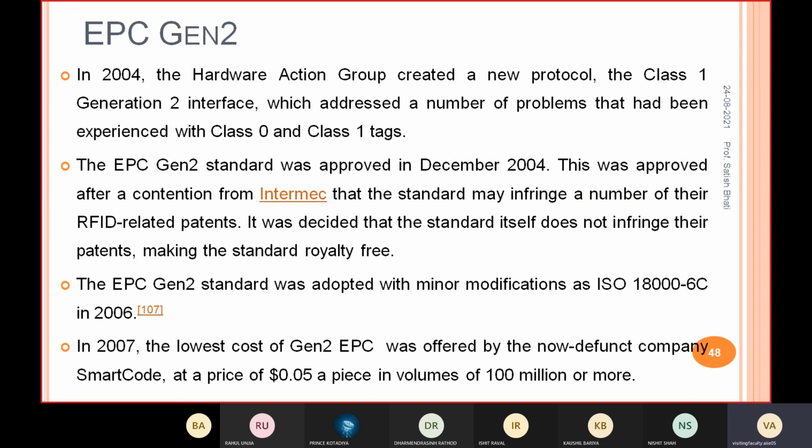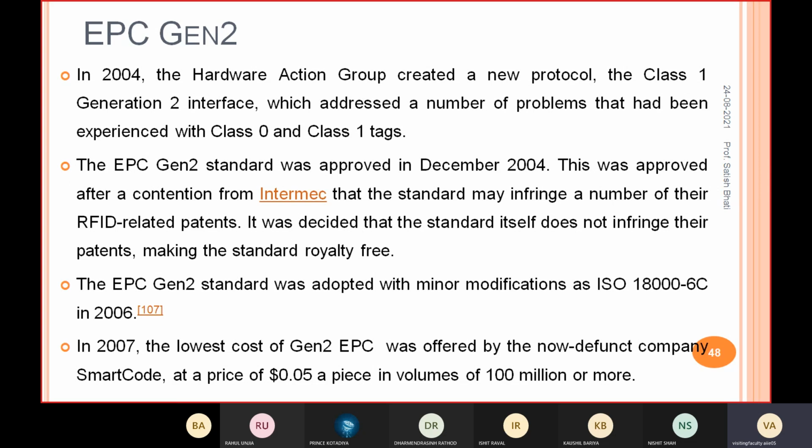This EPC Gen 2 protocol was approved in December 2004, after a contention from Intermec that the standard may increase the number of their RFID related patents. It was decided that the standard itself does not increase their patents, making this standard royalty free.